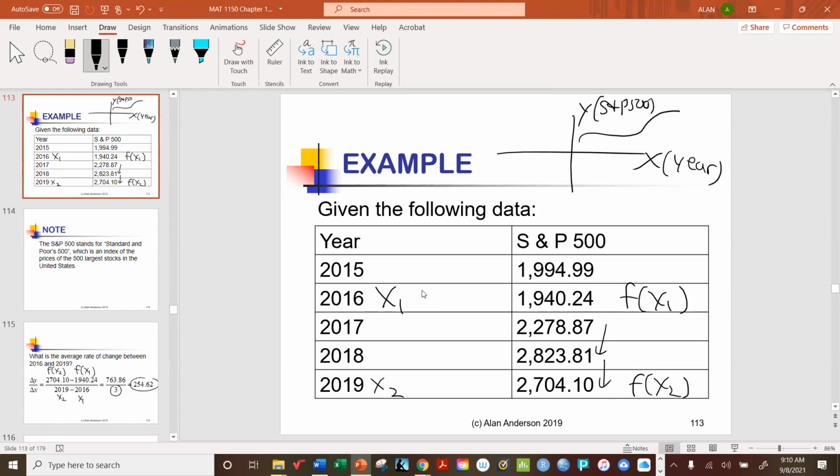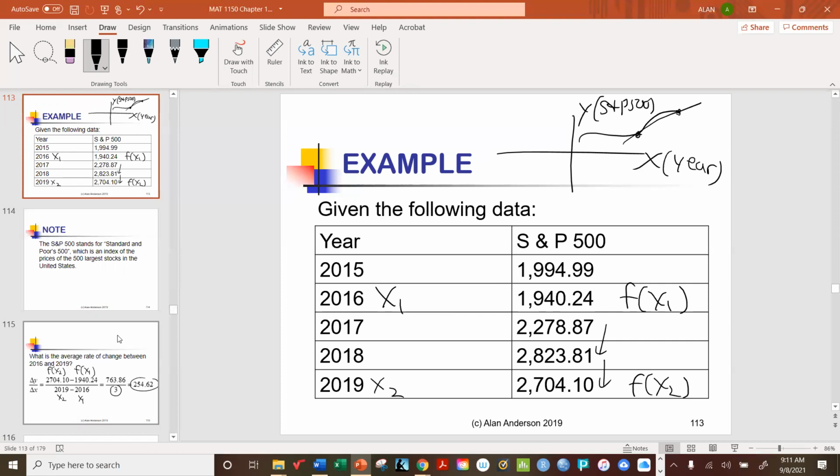If we had an actual function, it would be easy to figure out what the S&P 500 would be during any given year. We don't have that information. We only have the individual numbers. But we can still figure out the average change by doing what we just did, moving from, let's say, here to here. The average change would look something like this.